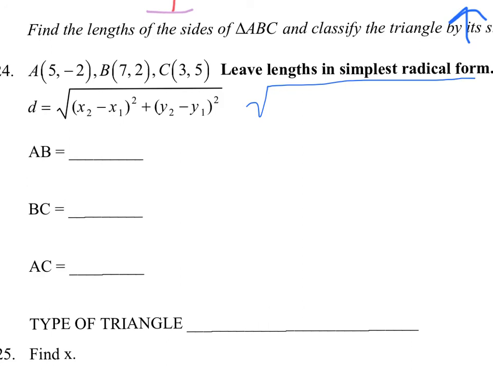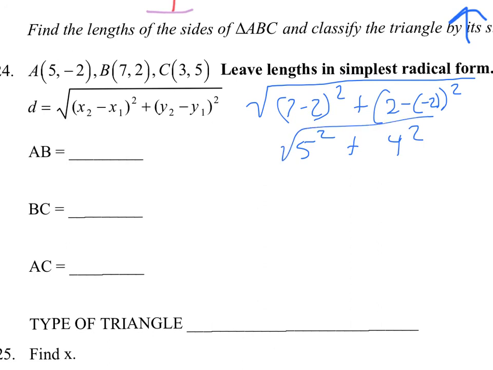We'll go 7 minus 2 squared plus 2 minus negative 2 squared. 7 minus 2 is 5 squared plus 2 minus negative 2. That becomes plus 2, which is 4 squared. And I realized I did something wrong. That should not be a 2 here.